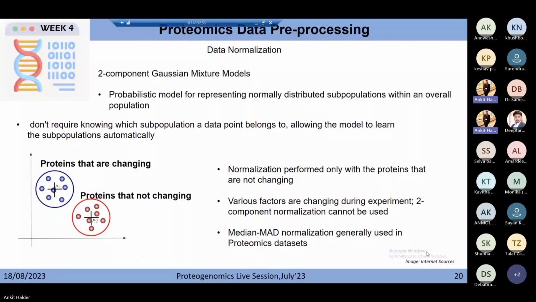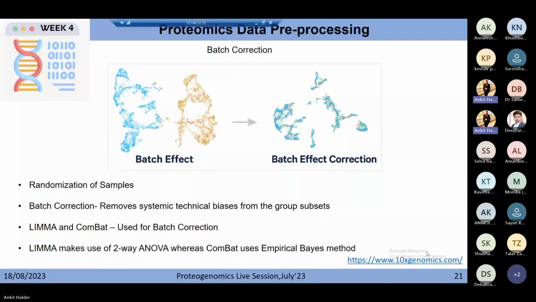For example, you have 50 samples and you are running an LFQ experiment. Hopefully you are clear on the difference between LFQ and the others. LFQ is just running each sample one by one, and on the basis of the ion pattern or the spectral intensity count, we quantify our data, absolute quantification of our data.